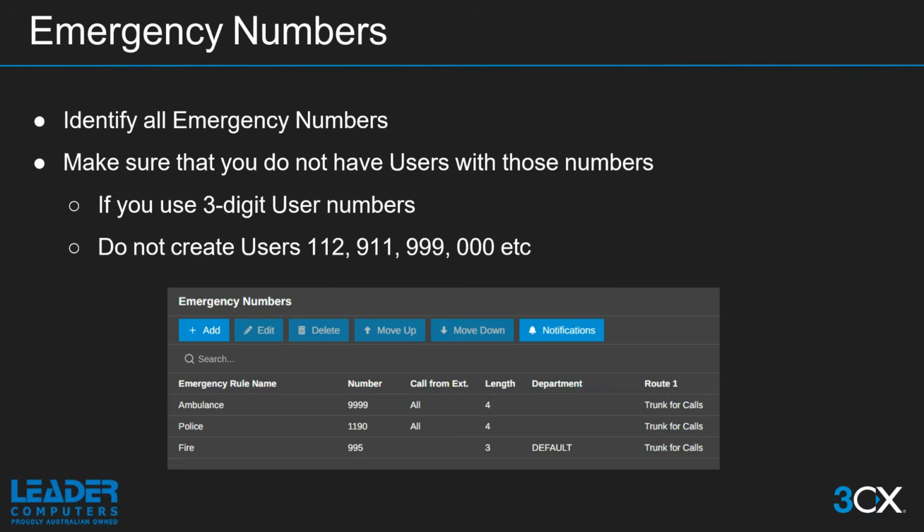So it is super, super important that you do not create any users that have an emergency number. And yeah, make sure you identify all the emergency numbers and enter them into the emergency numbers column. I'll show you where you can add those emergency numbers in 3CX.